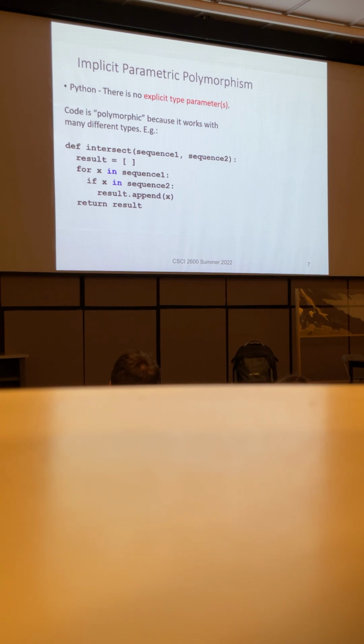So in Python, everything is dynamic, and there is no common supertype for types of sequence 1 and sequence 2. Right? So we cannot say that this code would work with sequence 1 and sequence 2 being subtypes of some common supertype, because there is really no common supertype between a string and a list.